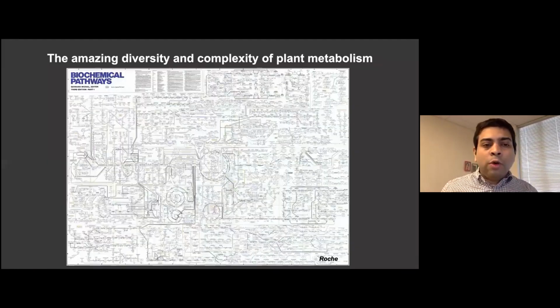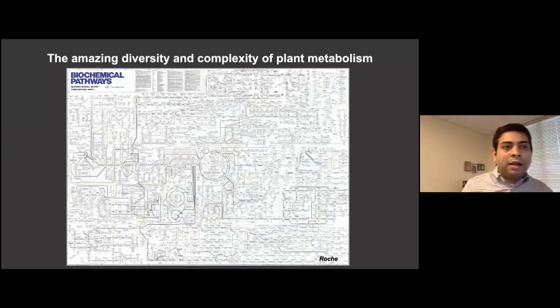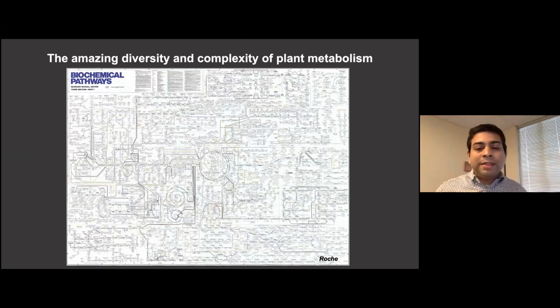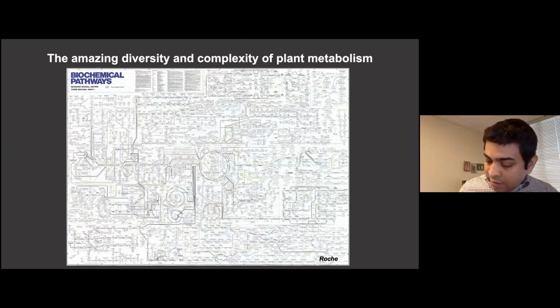So my lab works on evolution of plant metabolism. I'm basically curious about how metabolic diversity has evolved over time. And there is still a lot to know. Despite our knowledge of metabolic pathways, we still have a lot to be discovered at different scales.